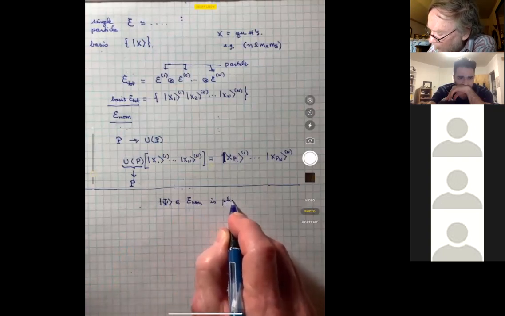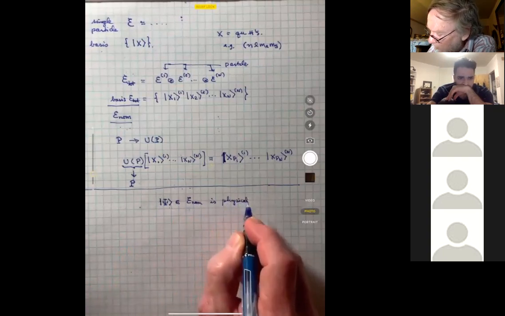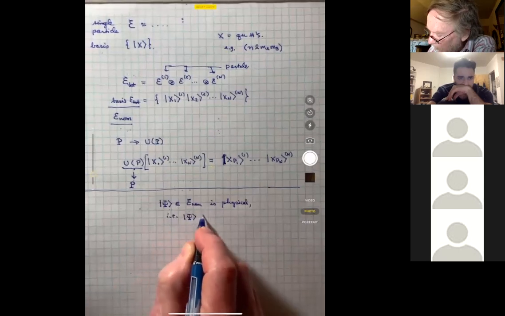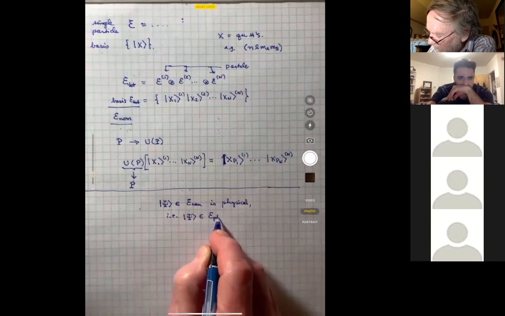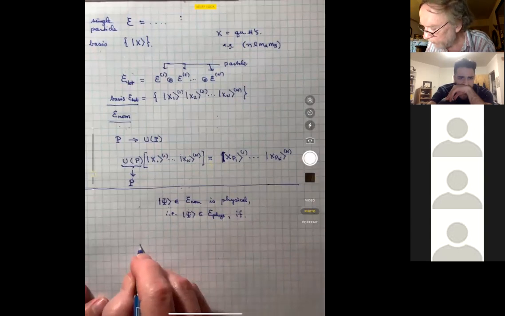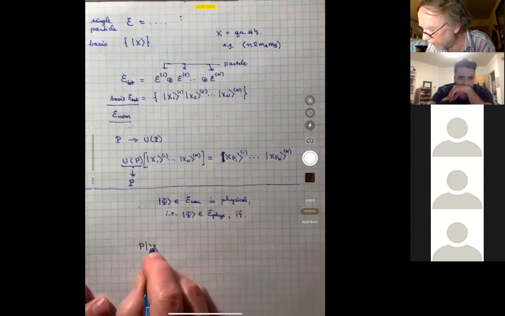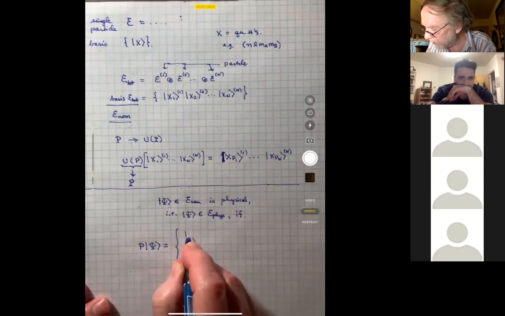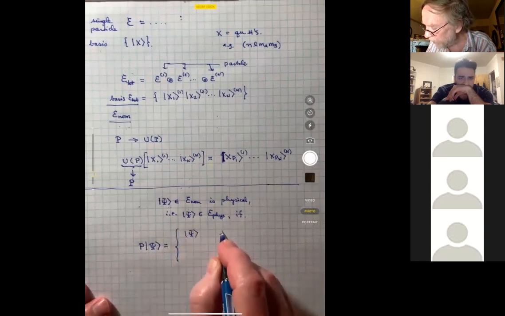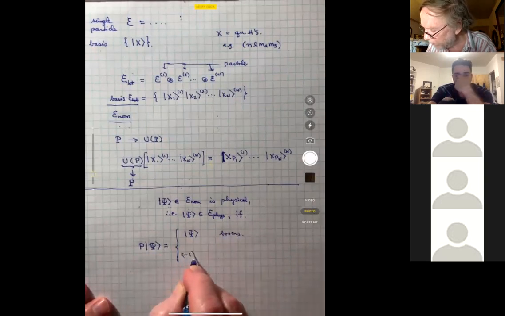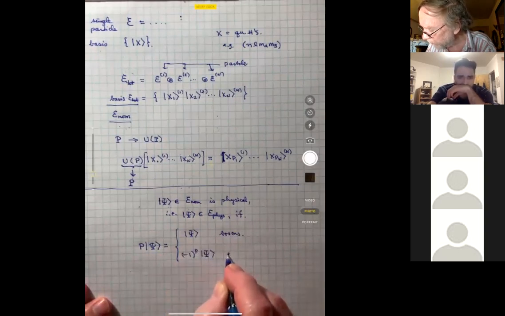That is to say, it actually belongs to the physical subspace, E physical, if the following is true: if we apply a permutation operator to psi, what we get back is psi itself if there are identical bosons, and we get (-1) to the p times psi in the case that there are identical fermions.